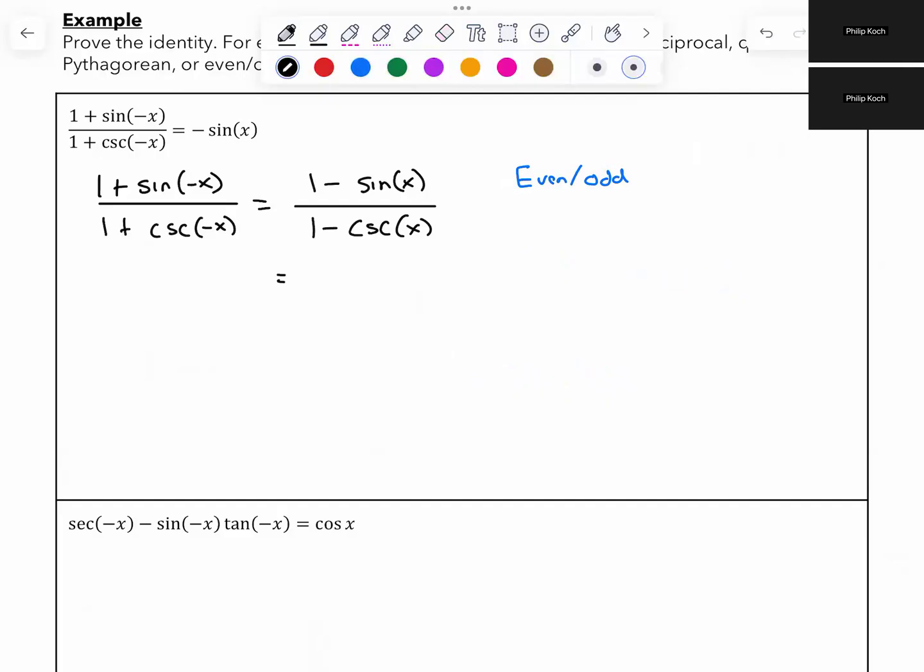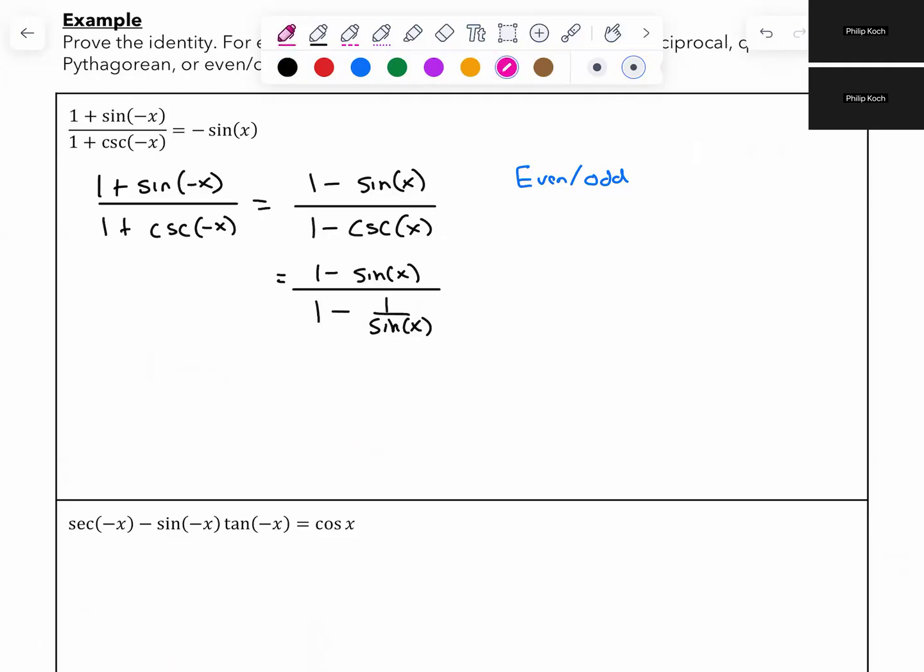So I'll rewrite this as 1 minus sine of x over 1 minus 1 over sine of x. Okay. I see a fraction. Whenever I see fractions, I want to try and combine them. I think that's a good guess. Maybe it works, maybe it doesn't. I'm getting closer to that flavor of fruit wherever it grows.